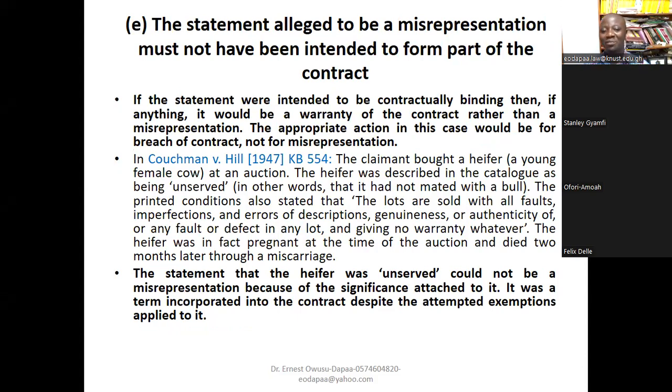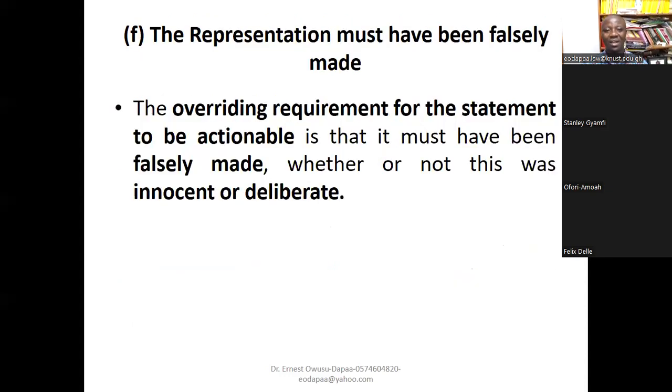I think from our discussion of the terms of contract, we came across the case of Couchman and Hill. So we will not belabor that point. You can look at it.